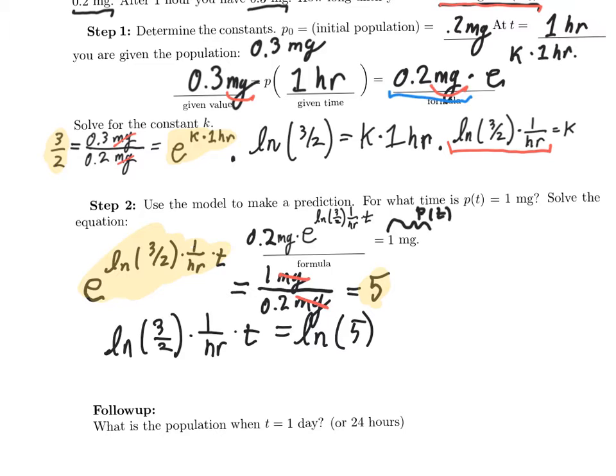Nice. Well, this looks like it's super easy to solve for t. I just need to divide this to the other side and multiply by hours. So, doing that, I'll get t equals ln of 5 divided by ln of 3 over 2 hours.